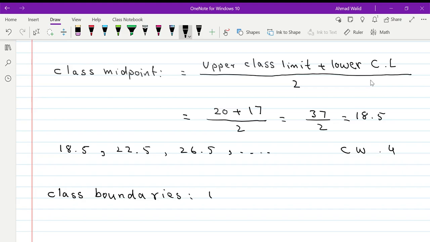They are used to separate classes with no gaps.